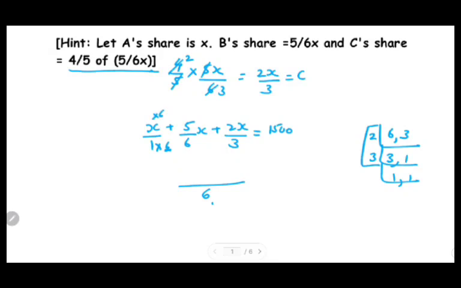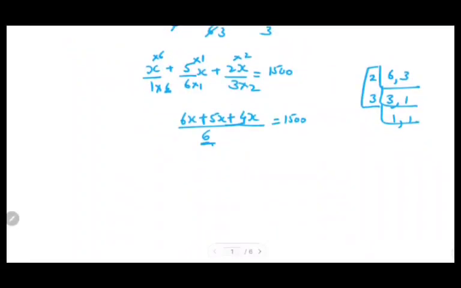So this will be multiplied by 6 and it becomes 6x. 6 into 1 gives me this 6, so multiplied by 1. So 5x. 3 into 2 gives me this 6, so this will also be multiplied by 2. So it becomes 4x, which is equal to 1500.